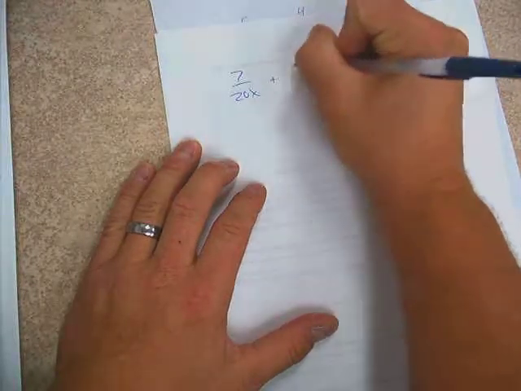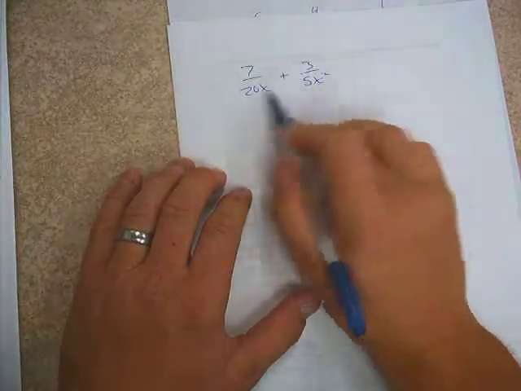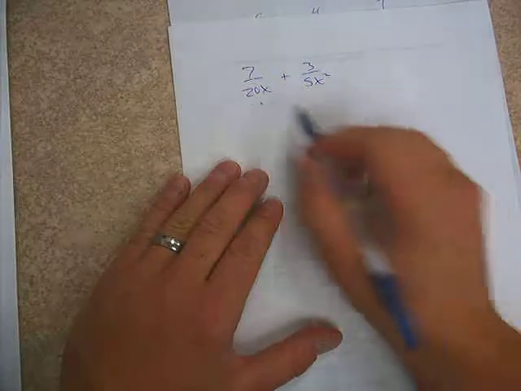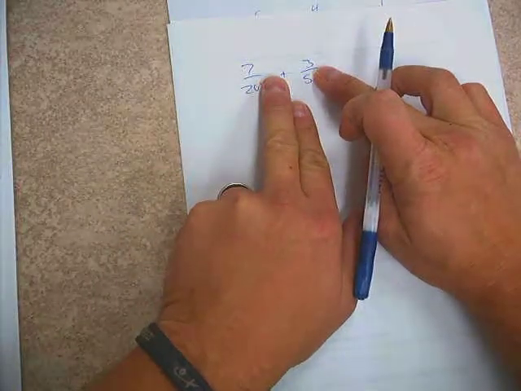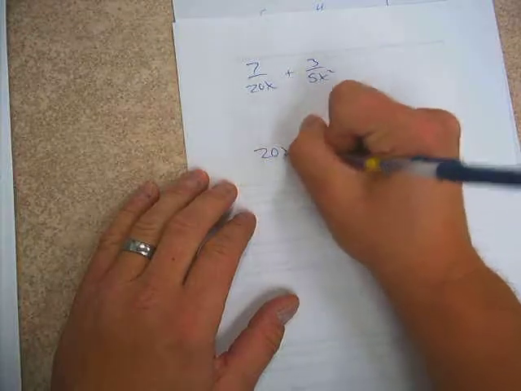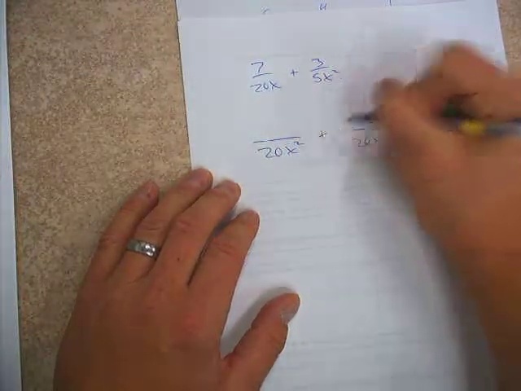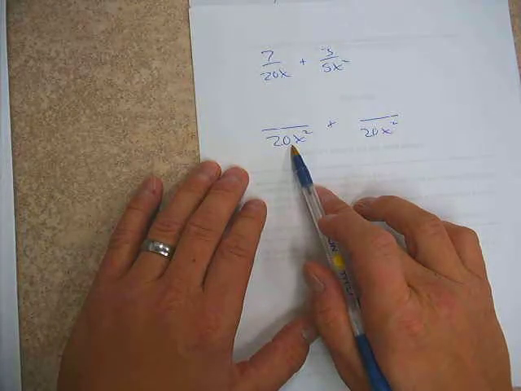Okay, let's look at another example of a monomial denominator. This is number 6 in your practice. You have 7 over 20x plus 3 over 5x squared. Thinking about what would be the LCM of these two, we already know how to deal with the x and the x squared. But if we have a 20 and a 5, just pretend the x's weren't there, the LCM would be 20. So if we did 20x squared, both of those would go into 20x squared.